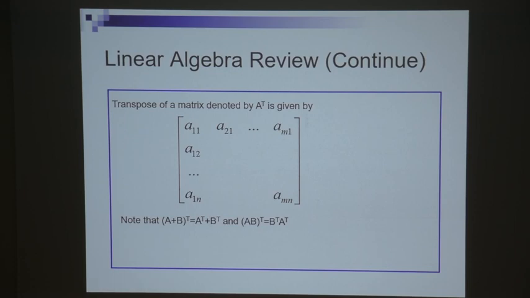So it will be the transpose of the system. You have to bear in mind that (A plus B) transpose is equal to A transpose plus B transpose. But (A times B) transpose is equal to B transpose A transpose. So you need to remember all these things. They will come out in the subsequent lecture when we do the derivations.